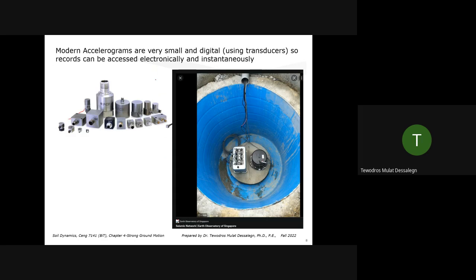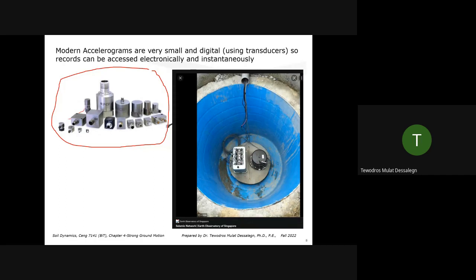Modern accelerometers can be different sizes, some of them really, really tiny. This is one seismic measuring instrument, from the Seismic Network Earth Observatory of Singapore. I just picked it from Google. You can see it has accelerometers, some batteries and things like that, and a wiring system because it's being digitized.